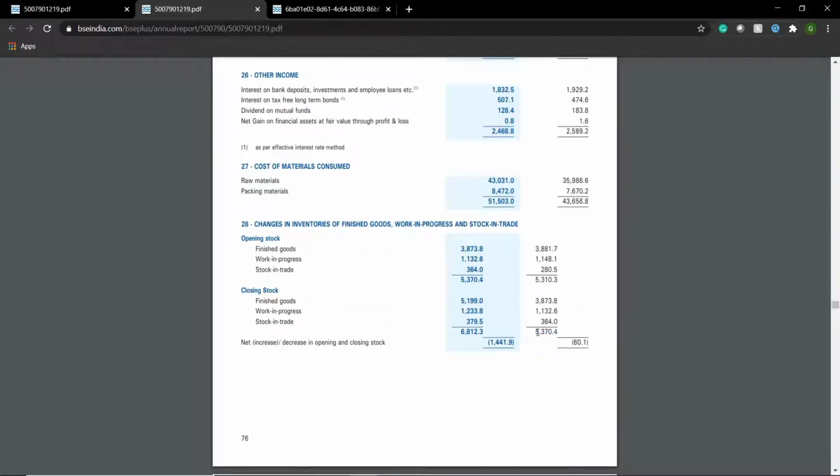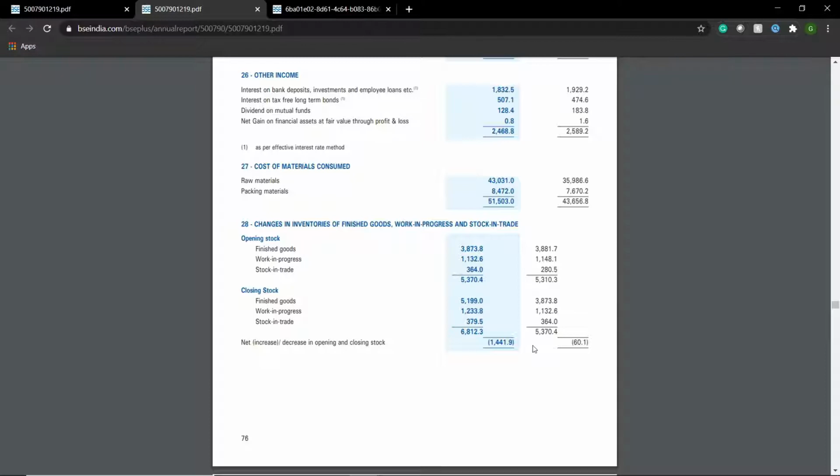Now there's one more thing to notice over here. 5,370.4 million rupees is the stock that the company has at the end of the financial year 2018. And this is the same as the opening stock of financial year 2019.